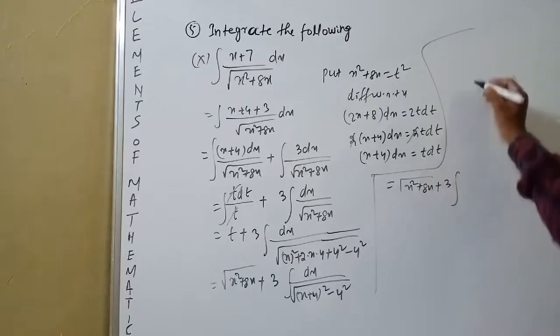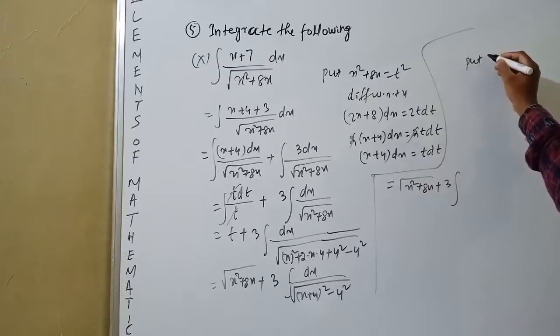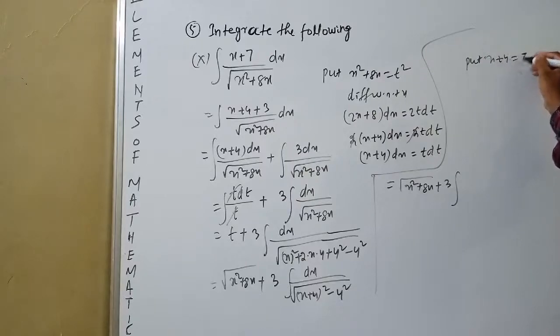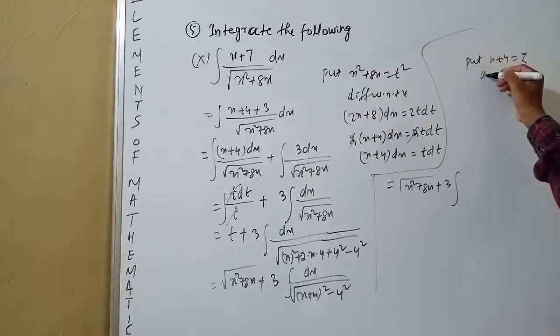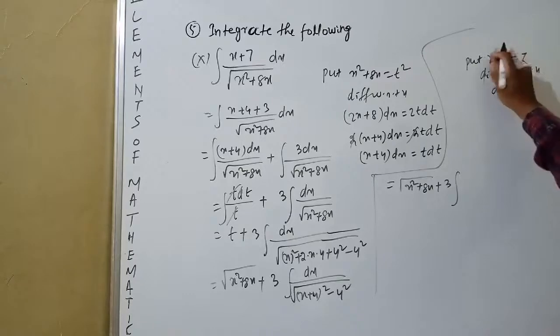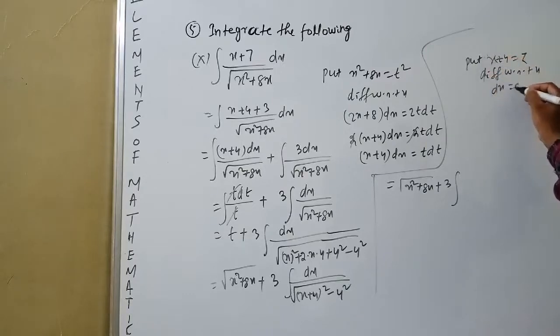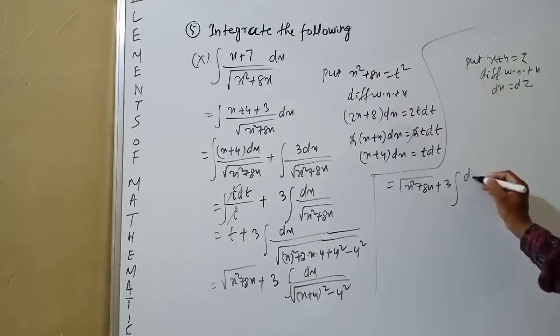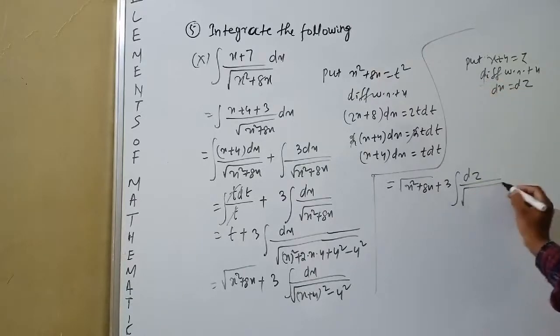Here you put x plus 4 is equal to z, differentiate with respect to x, you can get dx is equal to dz. Okay, and that means here you write dz by root over z square minus 4 square.